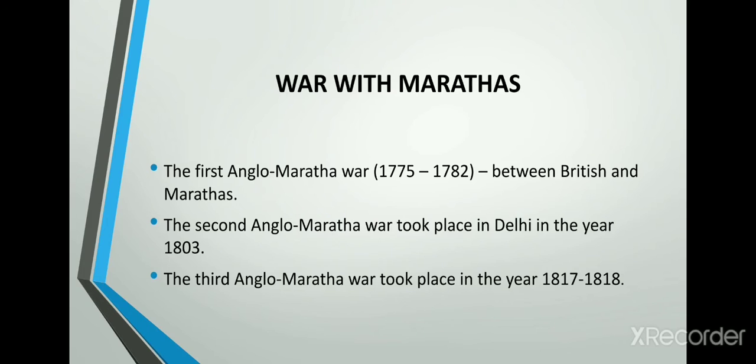The third Anglo-Maratha War took place from 1817 to 1818. Finally, this third Anglo-Maratha War crushed Maratha power. The Peshwa was removed and sent away to Bithur near Kanpur with a pension. The company now had complete control over the territories situated to the south of the Vindhyas.